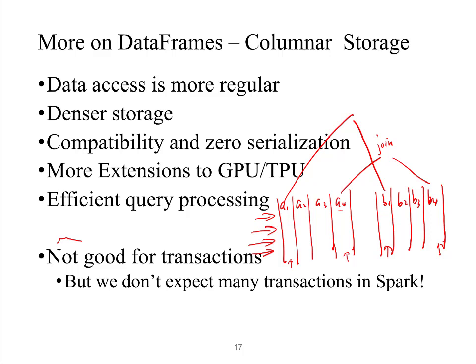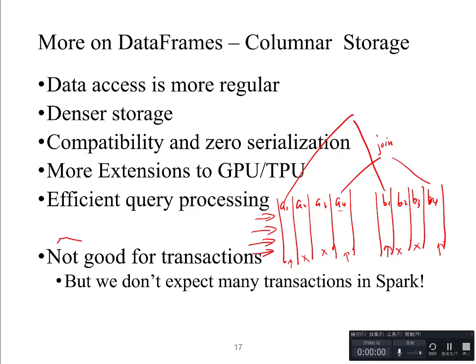So if we use column-based storage, then we do not need to access those irrelevant columns. It means there are fewer network communication overheads, which makes the query processing run faster.